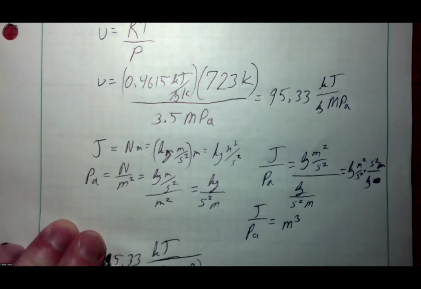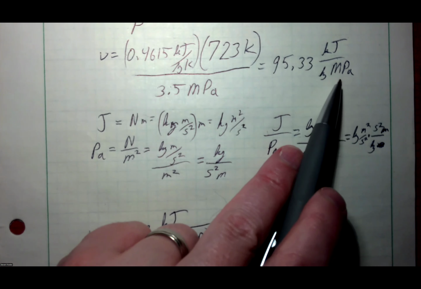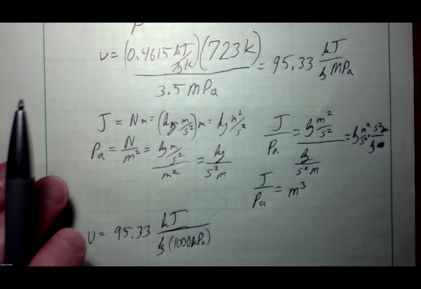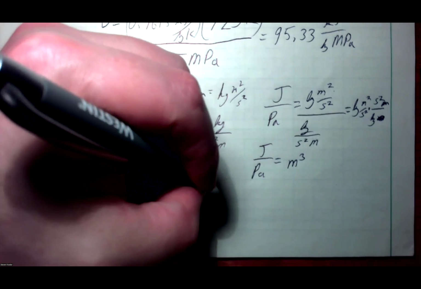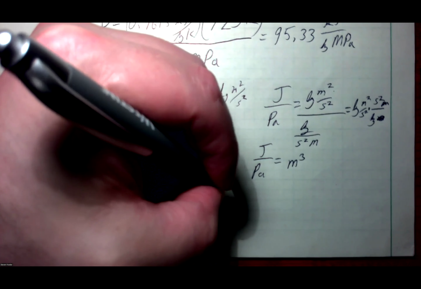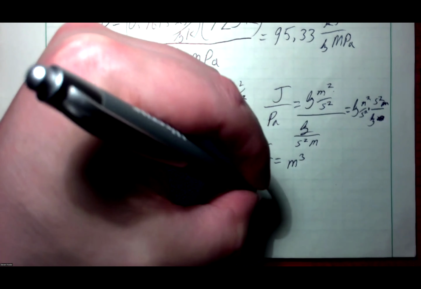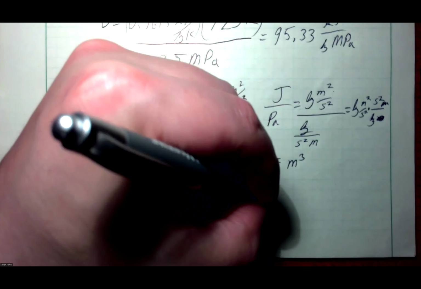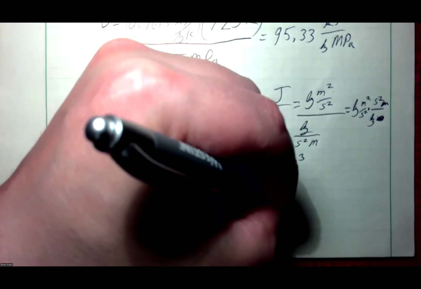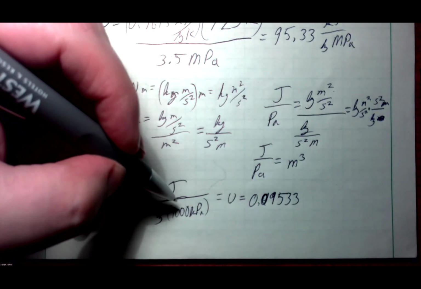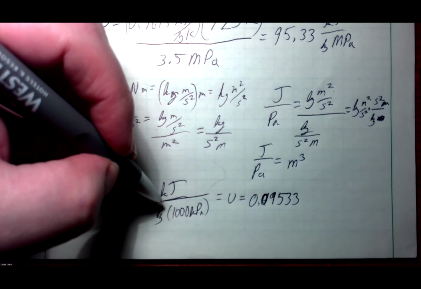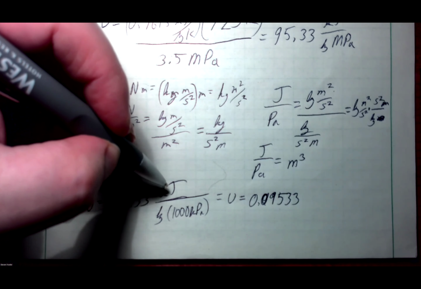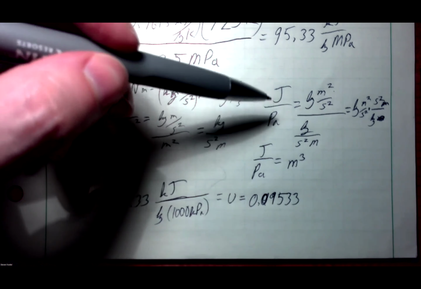I've got megapascals on the bottom and 1,000 kilopascals is a megapascal. So this becomes a specific volume of 0.09533.